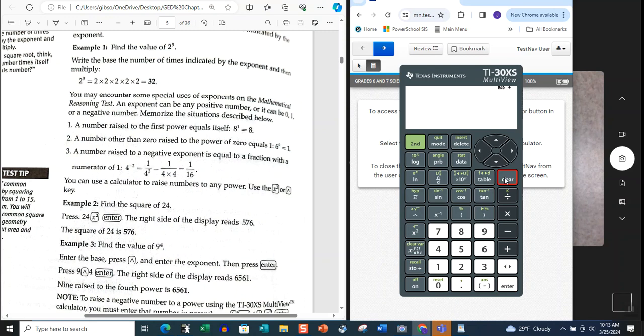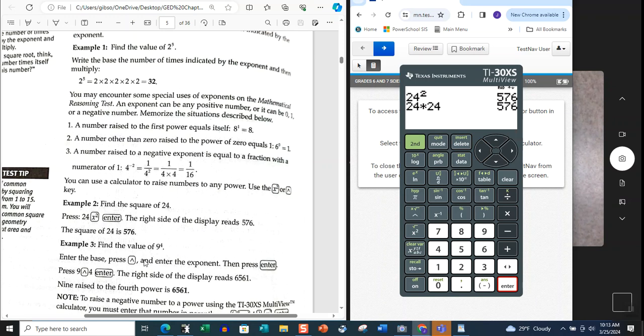So they're saying here we'll press 24, and then we have to find the x squared key, which is here. And then press enter, and it gives you 576. But to prove this, 24 squared is really 24 times 24. And it should give us the same answer, which it does.